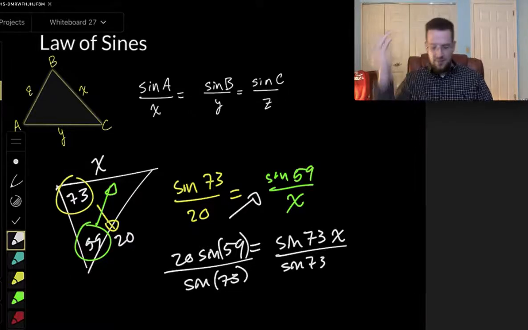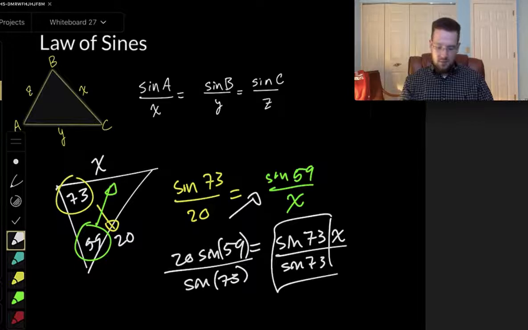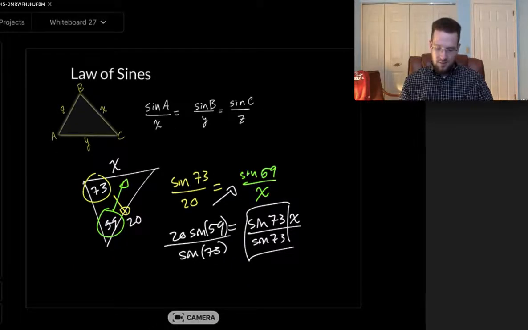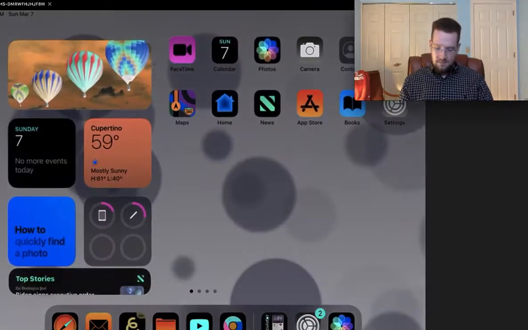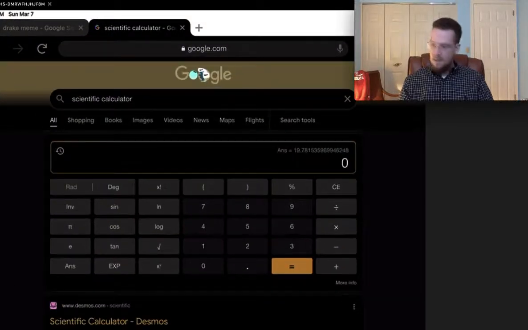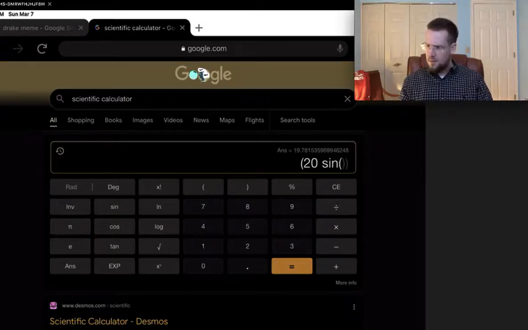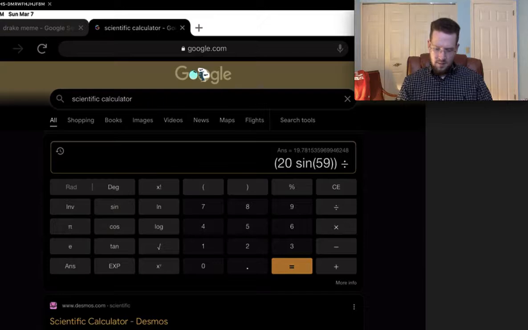Put some parens here. Okay, and this is what we're going to put into our calculator, right? So we know that we're going to be left with x is equal to 20, now I have to wrap it in parens, 20 sine 59, divided by sine 73.